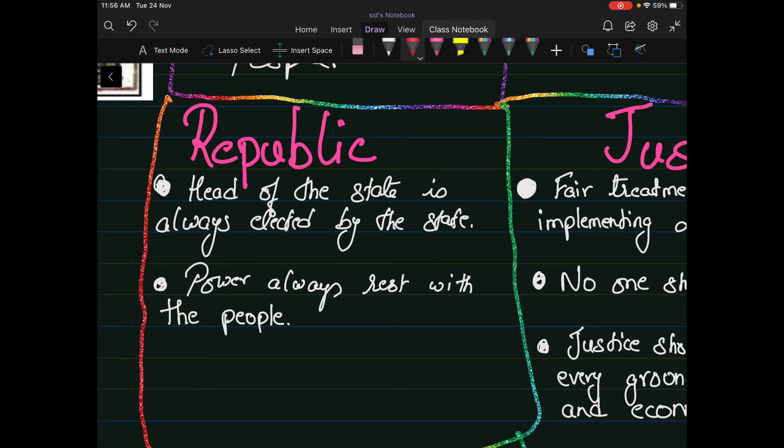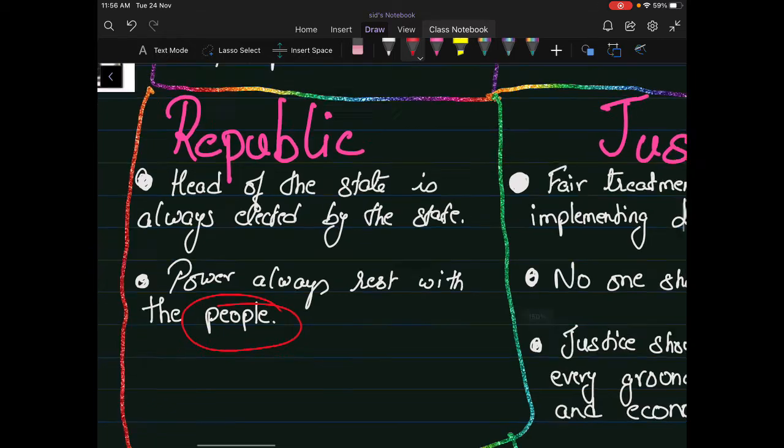There is no one above the state, like for example there are no kings, no rulers, nothing but the state, which will be elected by the people. And the power of the nation will always be in the hands of the people. So that is republic.